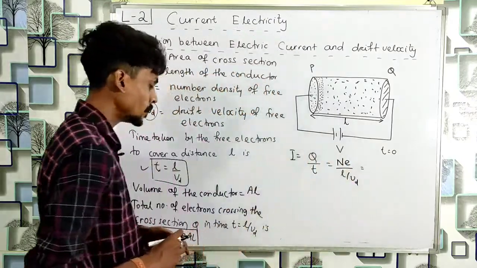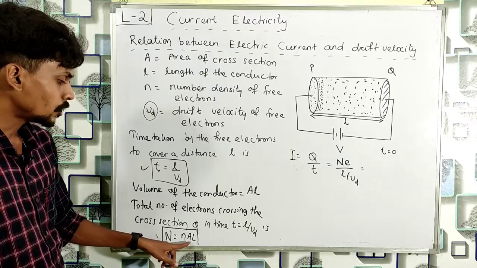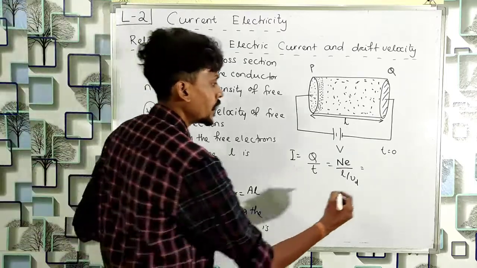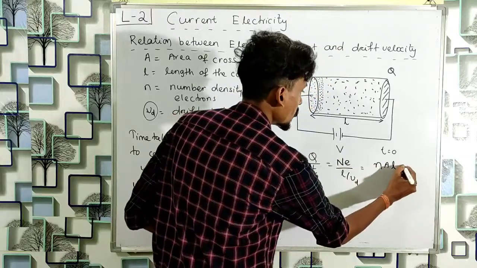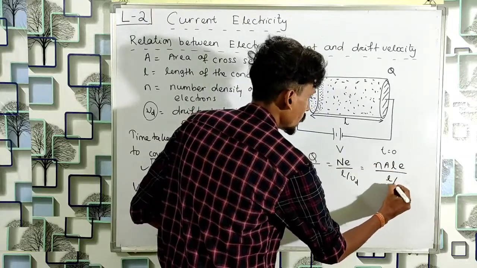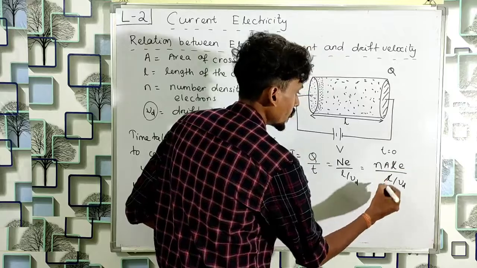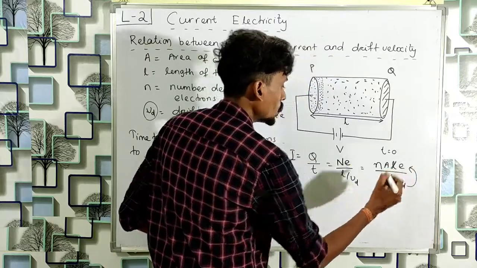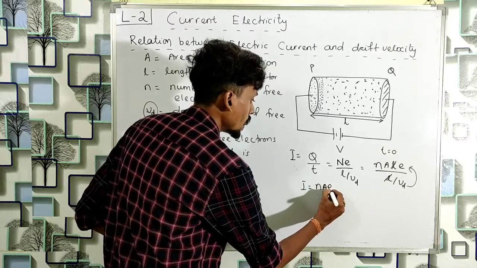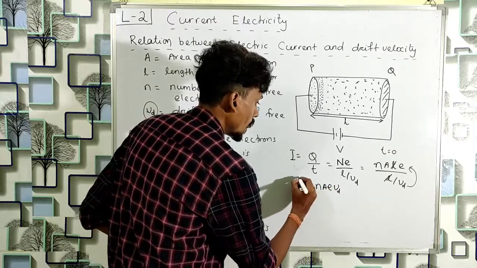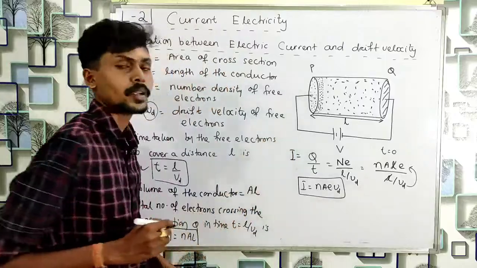And what is capital N? Small n into A into L. So I'll write nAL and then multiply e divided by L by Vd. So L will cancel and this Vd will go to the numerator. So finally we get I equal to nAeVd.